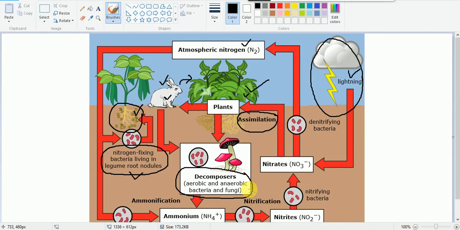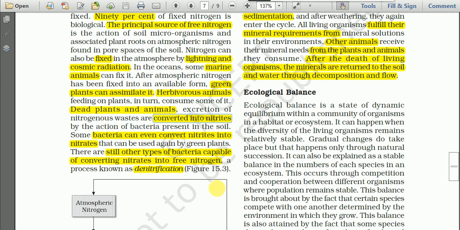That means these plants and animals, after that, will be decomposed, and the bacteria will convert the nitrogen into nitrites. And some bacteria can even convert nitrite into nitrates.